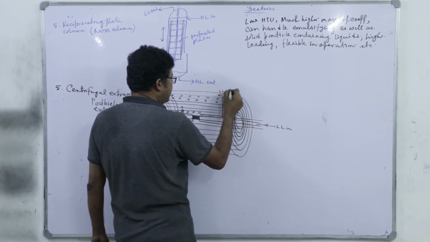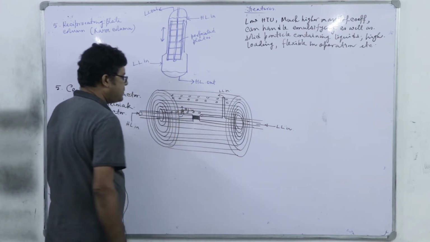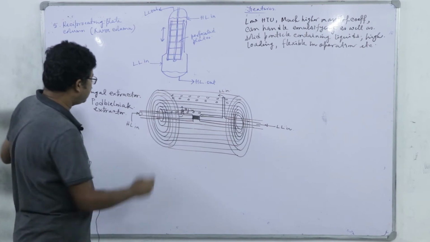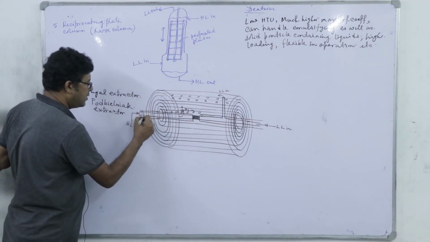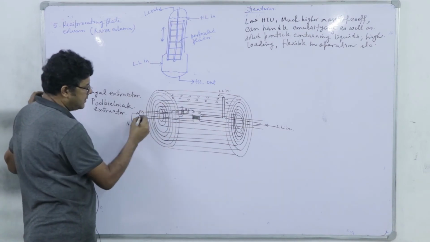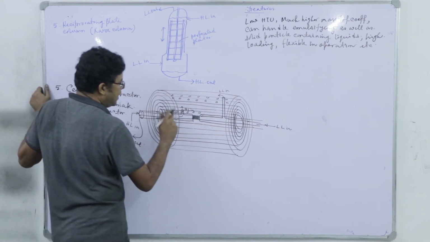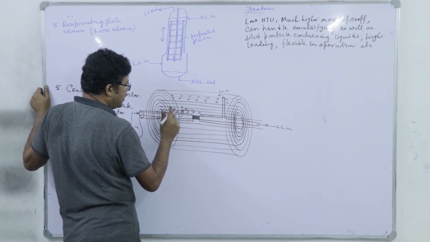Light liquid in, and here heavy liquid in. And light liquid we withdraw. If I admit the light liquid on the right hand side, we withdraw the light liquid through the annular region on the left hand side. Light liquid out.